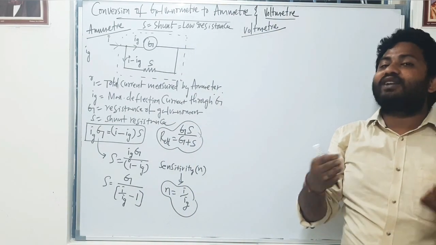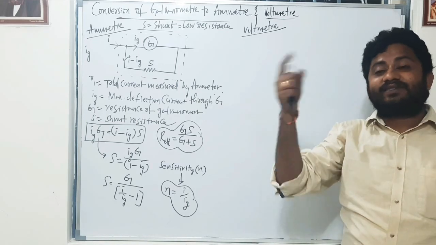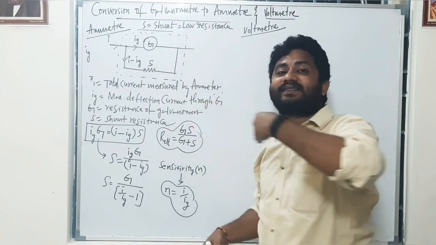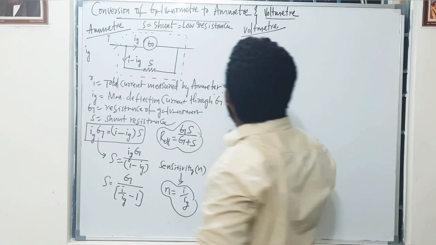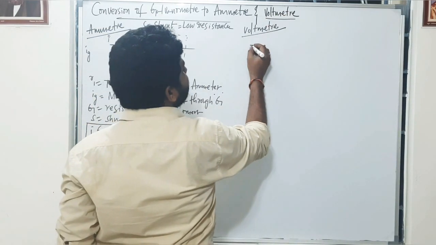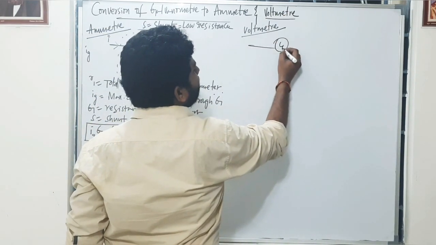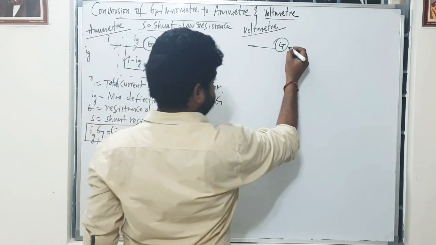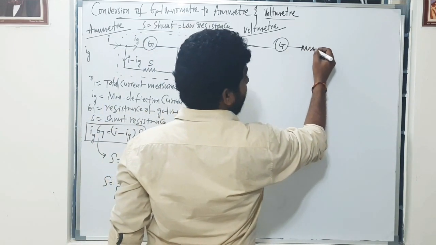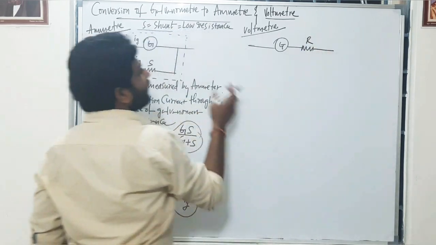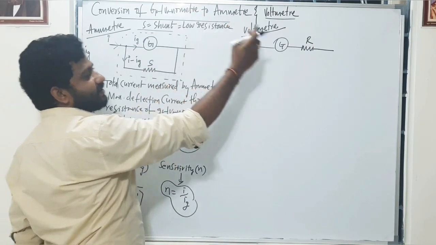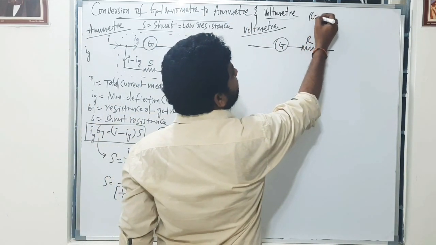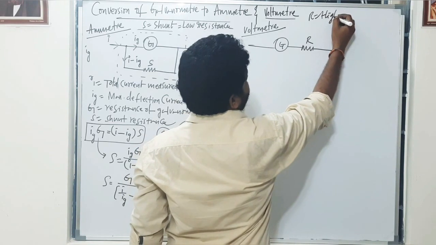So here what we need to do is that the resistance of the complete setup must increase, right? How can we increase the resistance of the setup? So this is the galvanometer G here, and there is a resistance R. Here S is the shunt resistance, and here R is the high resistance.